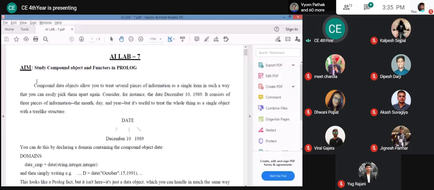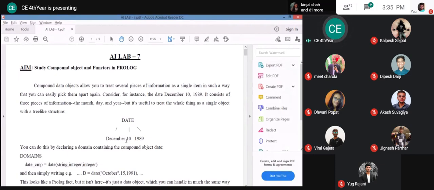The aim is to study compound objects and functors in Prolog. What is a compound object? Compound data objects allow you to treat several pieces of information as a single item, in such a way that you can easily pick them apart again. See here, one example is given. Consider, for instance, the date.